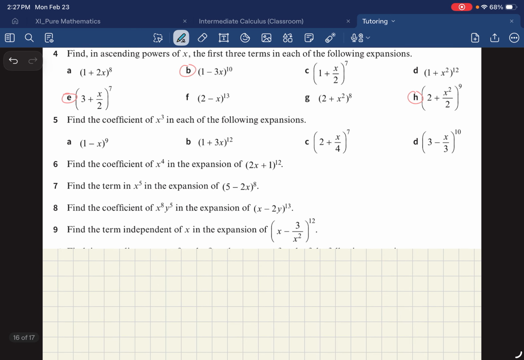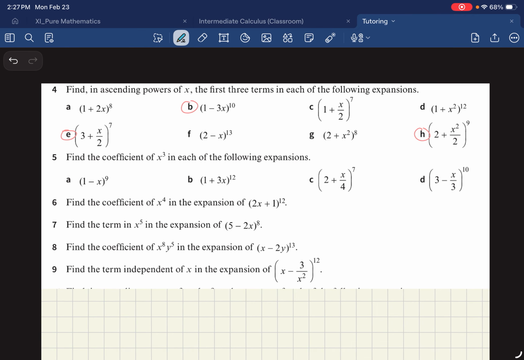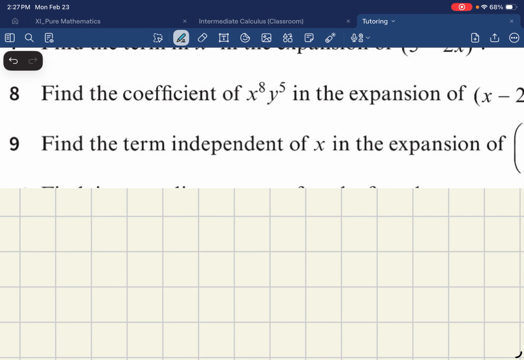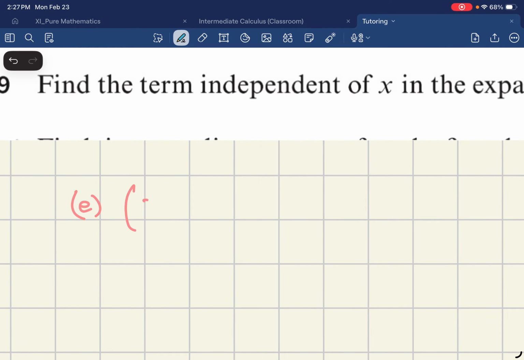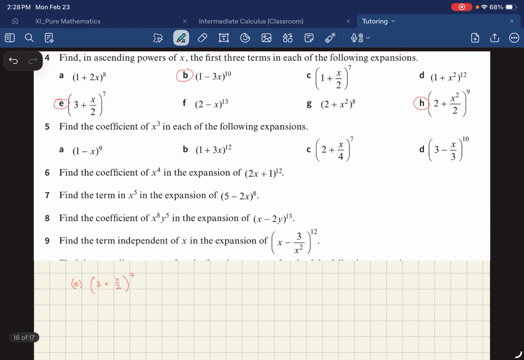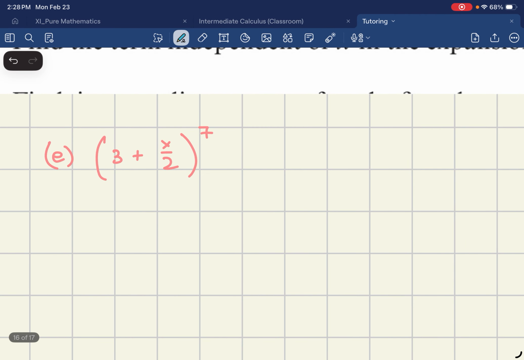All right. Let's do part E. Part E tells me, well, I have 3 plus x over 2 to the power 7, and I need to do it in ascending powers of x again. So suppose I had the other way. It doesn't matter whether you do 2 plus 3 or 3 plus 2, you get the same answer, right?